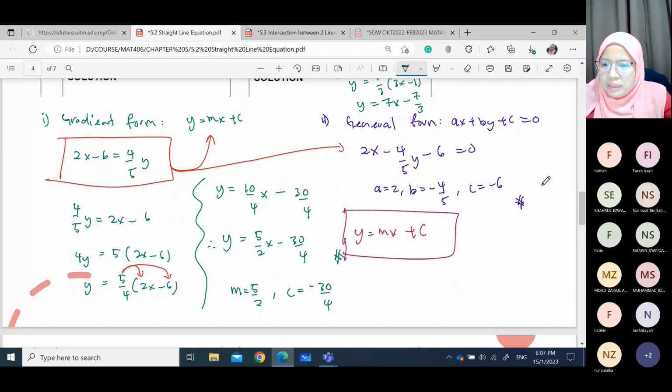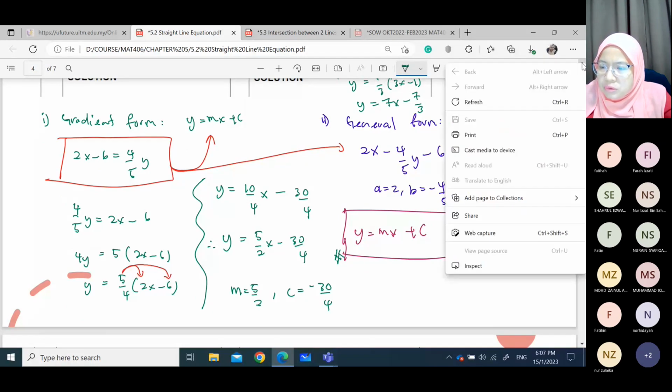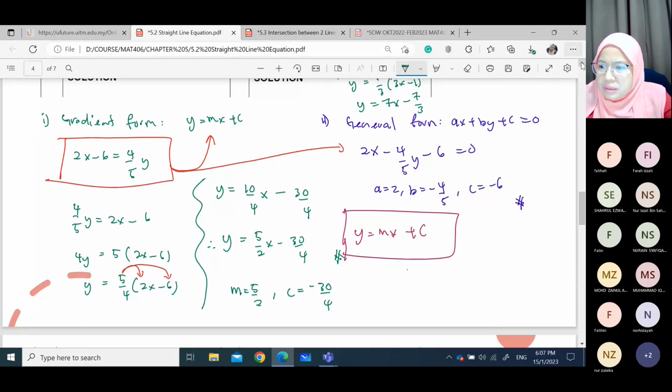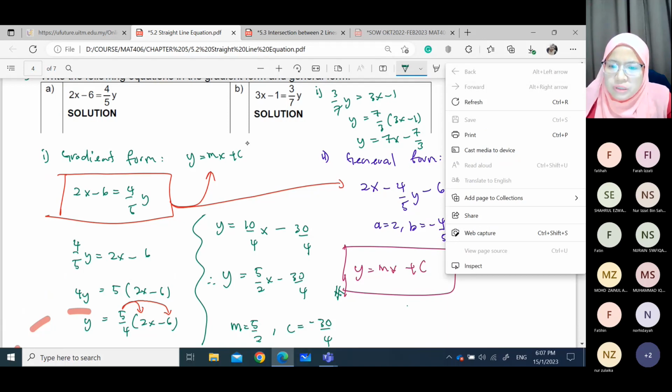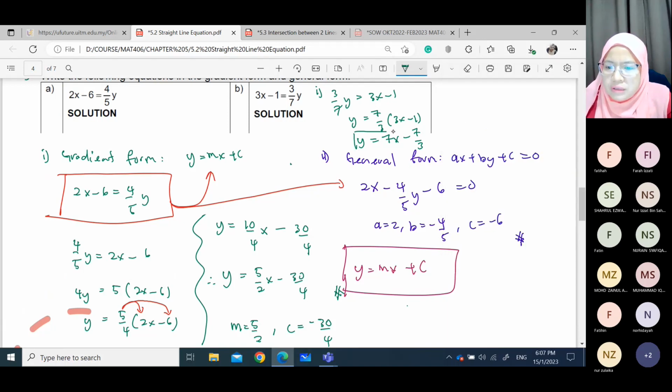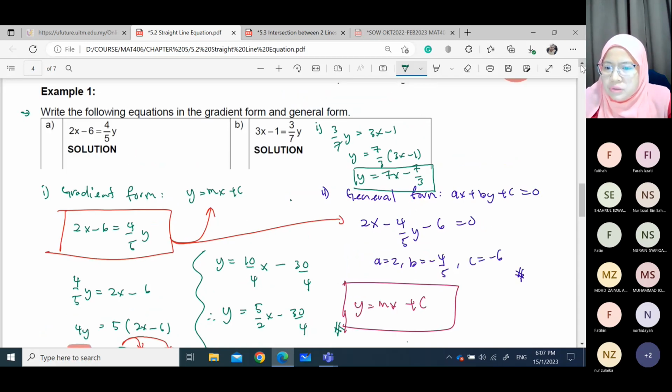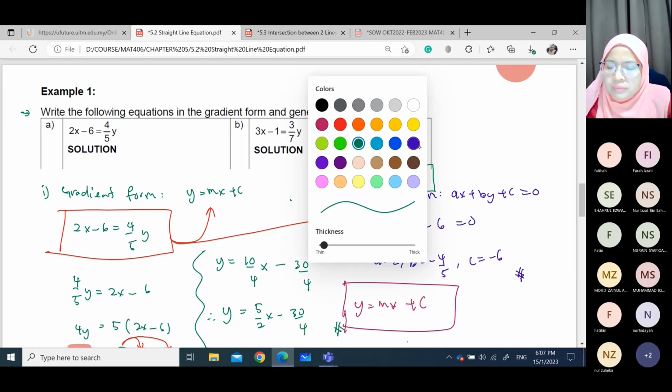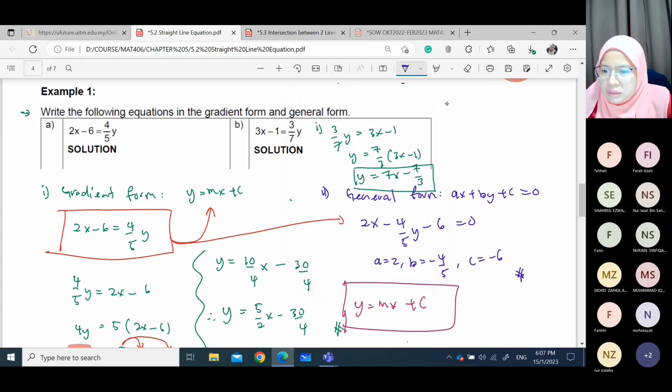Okay. So untuk yang ni, for b, this is in the gradient form, which is y equivalent with 7x minus 7/3. So dalam bentuk general form, this one, general form in terms of ax plus by plus c.